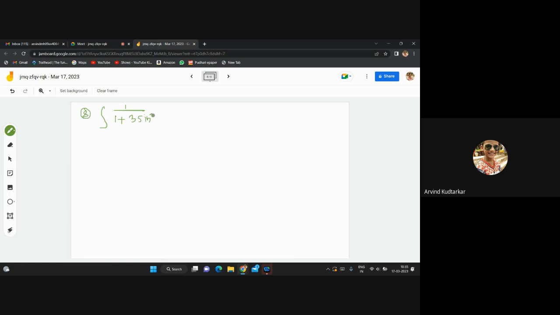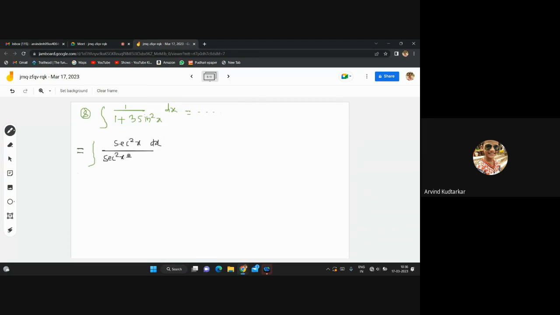then this polynomial or fraction, you have to divide throughout the numerator and denominator by cos square x.